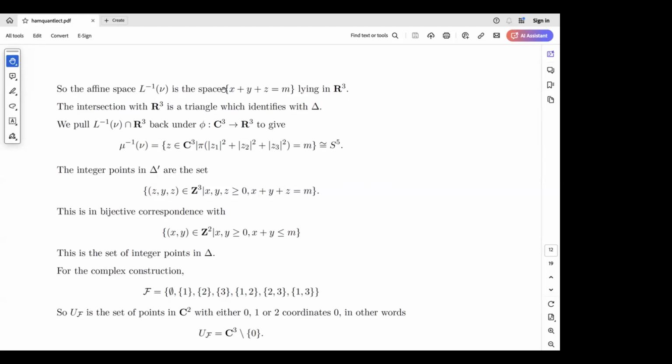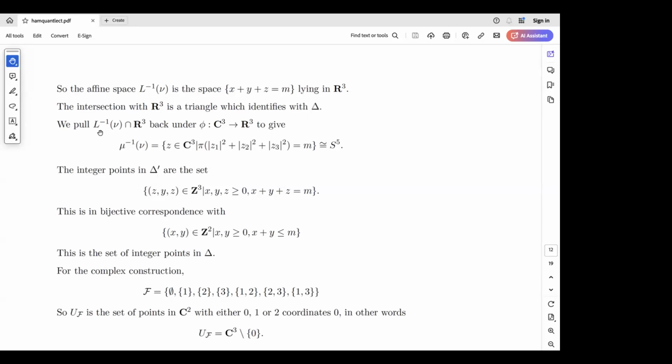Okay, thanks, Lisa. Okay, so the affine space L inverse of nu is just the set x plus y plus z equals m lying in R3. The intersection with R3 is a triangle which identifies with our previous triangle delta.